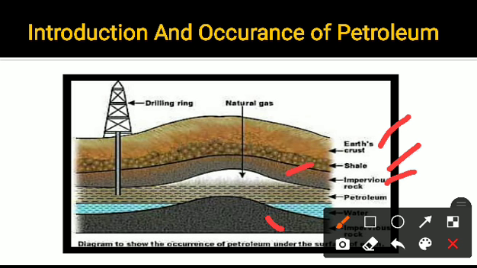Millions of years ago, over geological time, this organic matter mixed with mud and got buried under heavy layers of sediments. Petrochemicals occur in fossil fuel. They are formed by natural processes such as anaerobic decomposition of buried dead organisms.